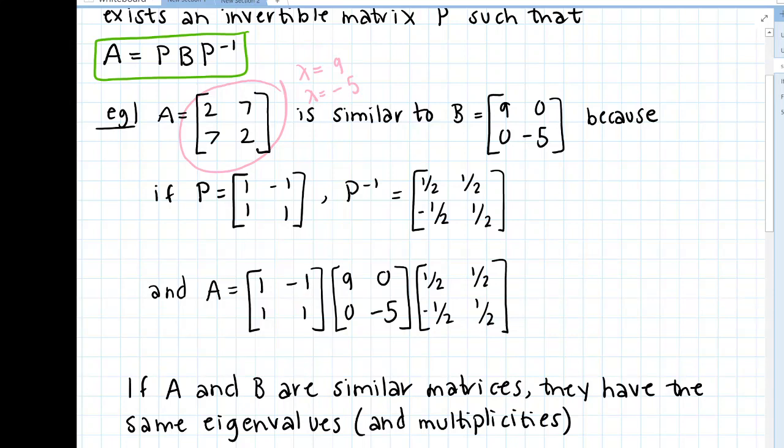And if you look at the matrix B that I said it's similar to, remember that the eigenvalues of a diagonal matrix are just the entries on the diagonal. So for this matrix as well, the eigenvalues are 9 and -5. And again, that's not a coincidence, that's always going to be true. And then we'll see tomorrow that that's exactly how you come up with this similar matrix B.